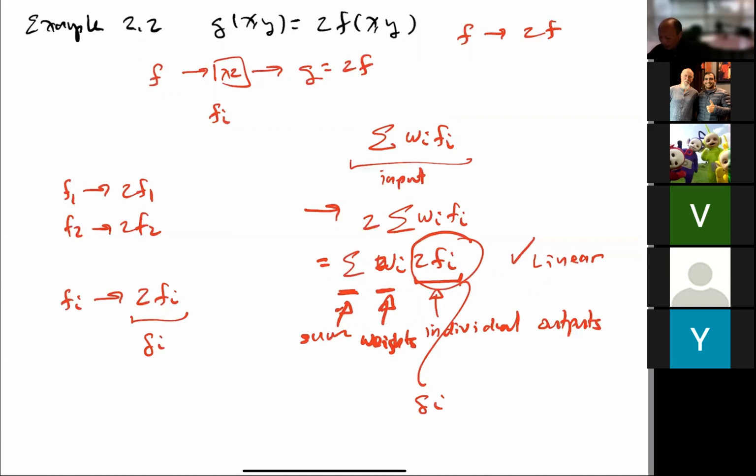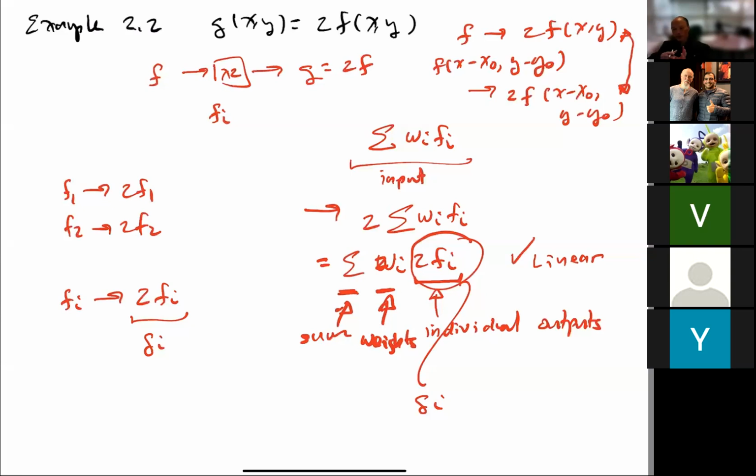For example, if I put in f of x minus x naught, y minus y naught, then according to my formula, the function will just return 2 times f of x minus x naught, y minus y naught. And my original output was just 2 times f of x, y. So this is definitely just a shifted version of my original output. So that does satisfy shift invariance.